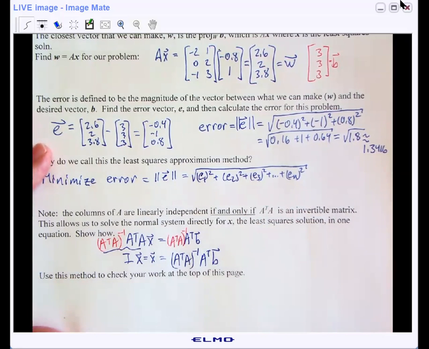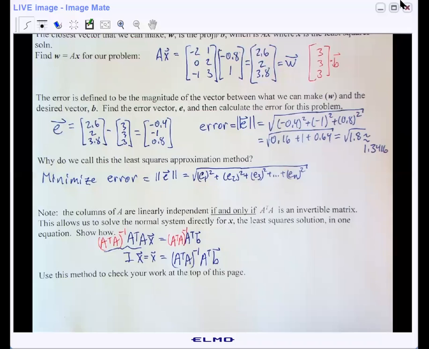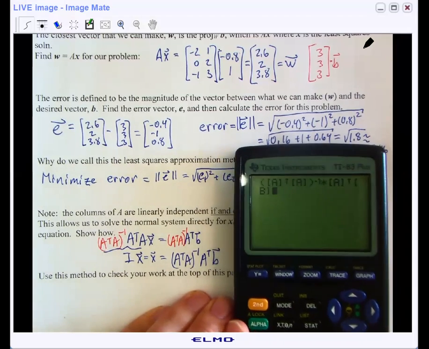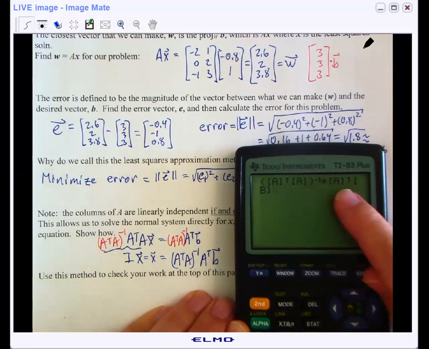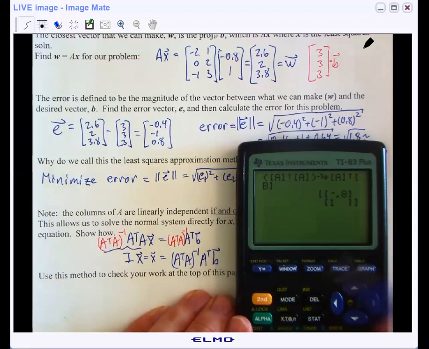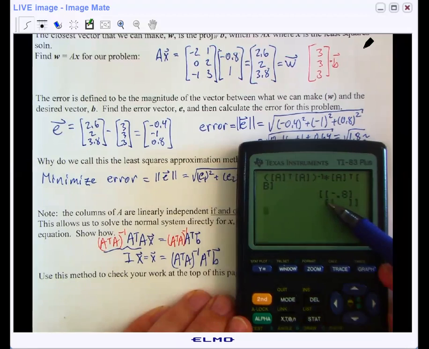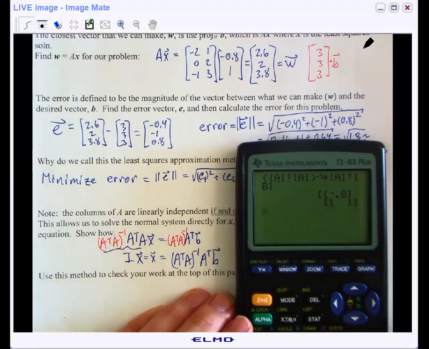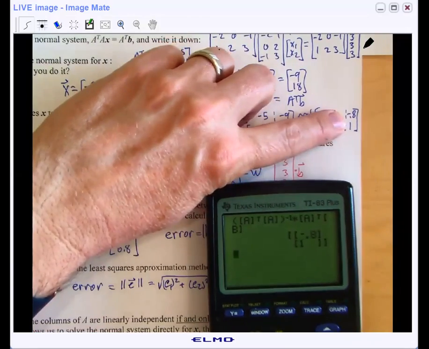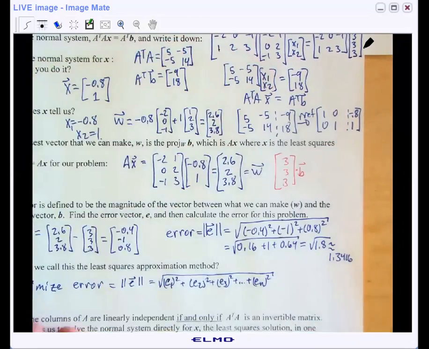Okay. Now, let's go ahead and use our calculator to double check our work. So if I type A transpose A parentheses inverse times A transpose times the B vector in the calculator, I should find out that the X vector, the least squares solution, is -0.8 and 1, which matches up perfectly with what we did by RREF.